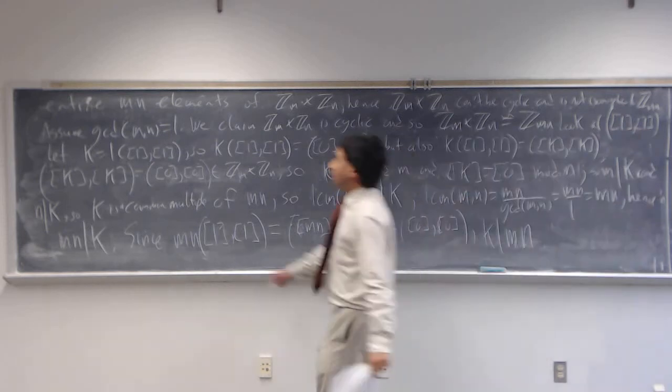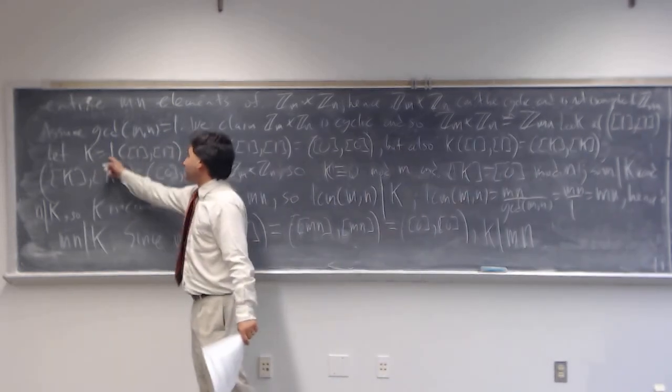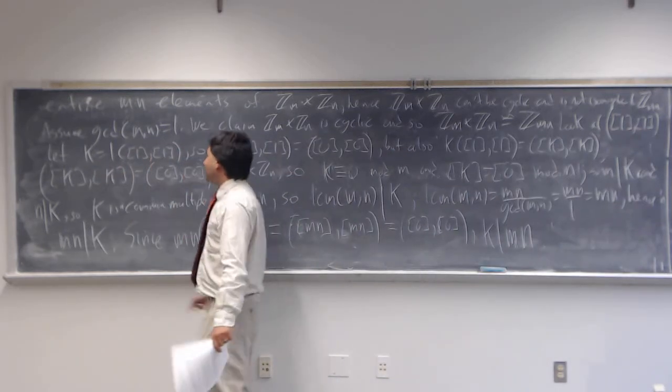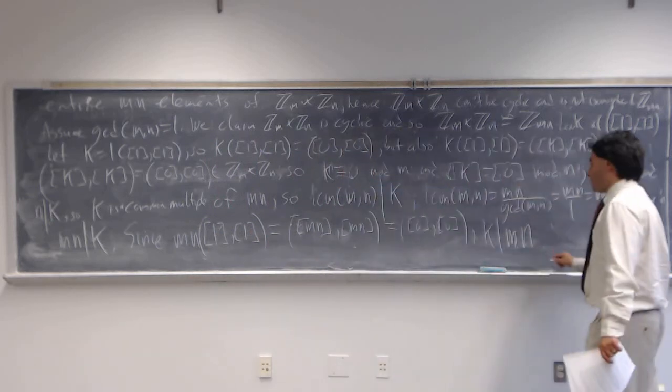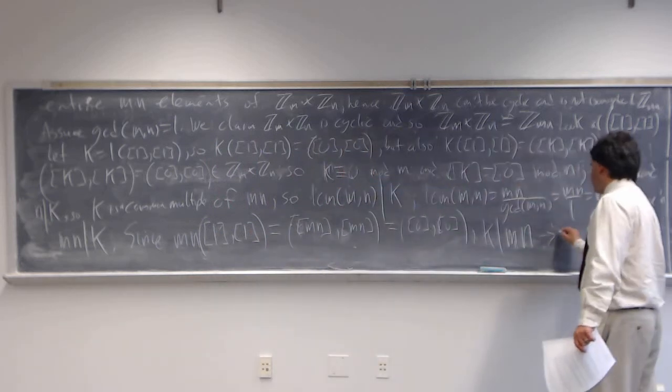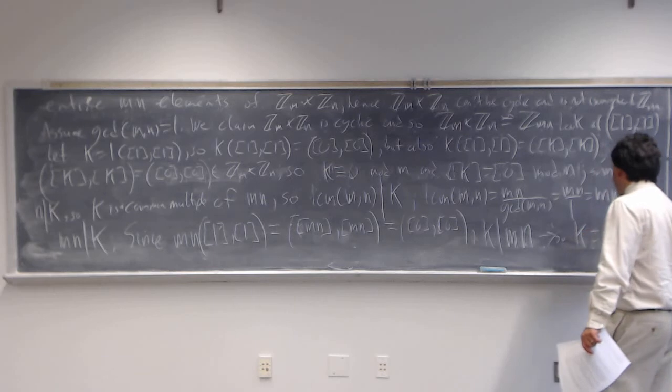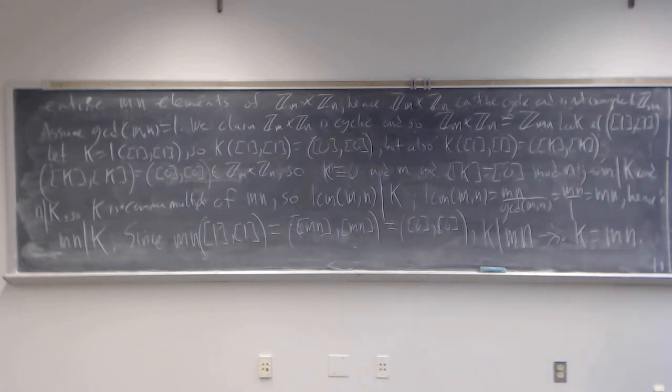That's what k is. k is the smallest integer multiple of (1, 1) that would take you to 0. So k equals mn, and that really completes the proof, right? Because that shows us that element (1, 1) has order mn, so it must generate the full group, and therefore that group must be cyclic.